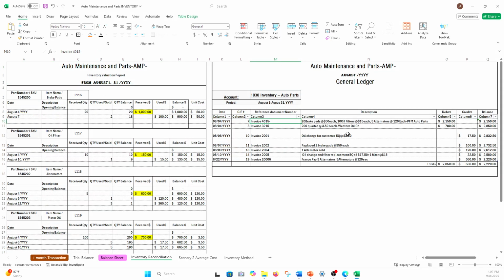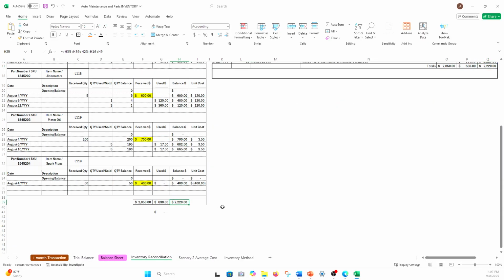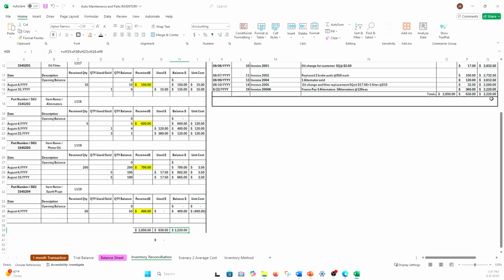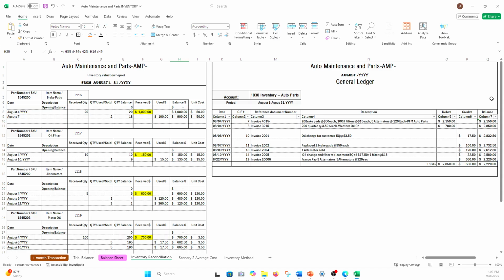The descriptions. The general ledger has the balance. So if I calculate here my balance from the inventory evaluation report, it says that it's 2,220 and here it says 2,220. If that was the case always, you don't have to do anything. Everything is perfect.